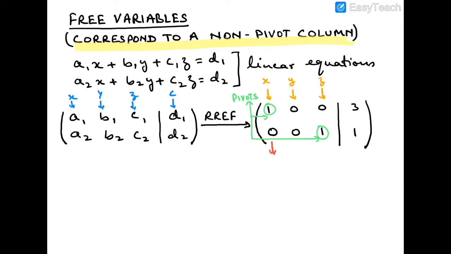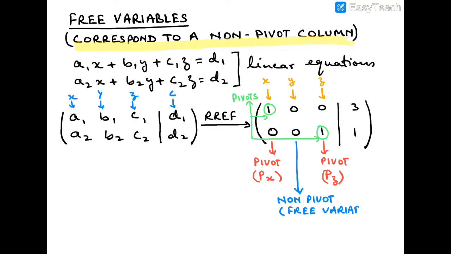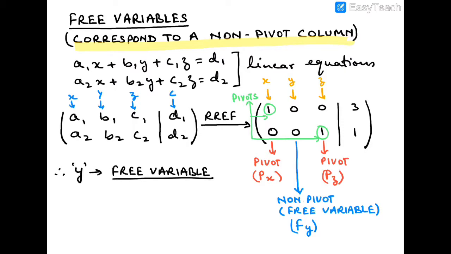These two columns are the pivot columns because they contain the pivots. So we can write px and pz, because x corresponds to this column and z corresponds to that column, and this column is a non-pivot column, and the free variable corresponds to this non-pivot column, and that free variable is y here because y corresponds to this column.